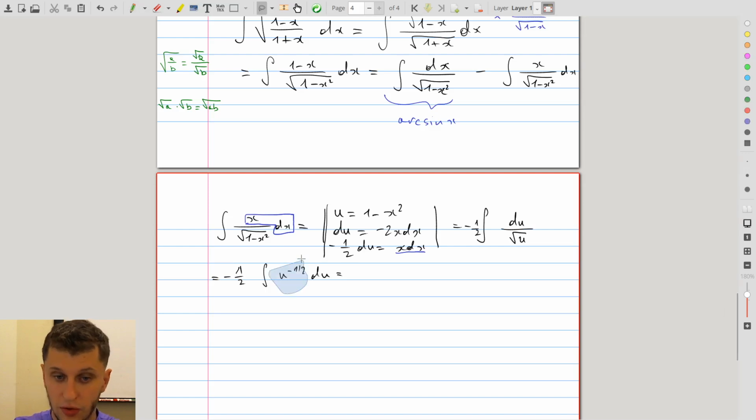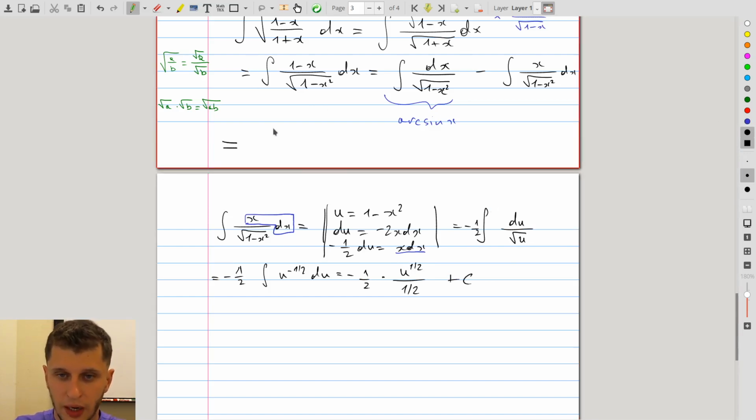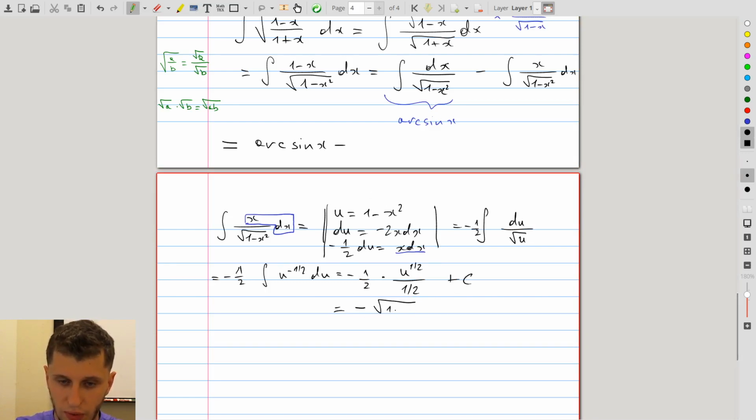The antiderivative of u to the negative 1/2 is, I increment the exponent by 1 to get u to the 1/2 and divide by this new exponent. Then going back to my original integral, I will have arcsine of x minus this expression, where I should change to x first. So this will be minus the square root of 1 minus x squared plus a constant.